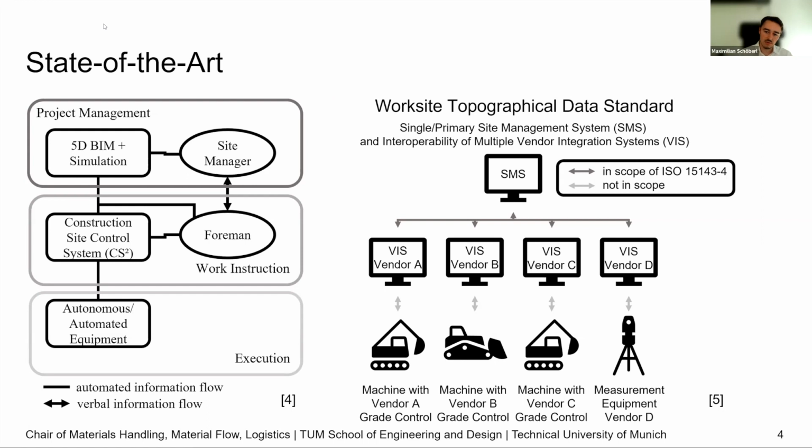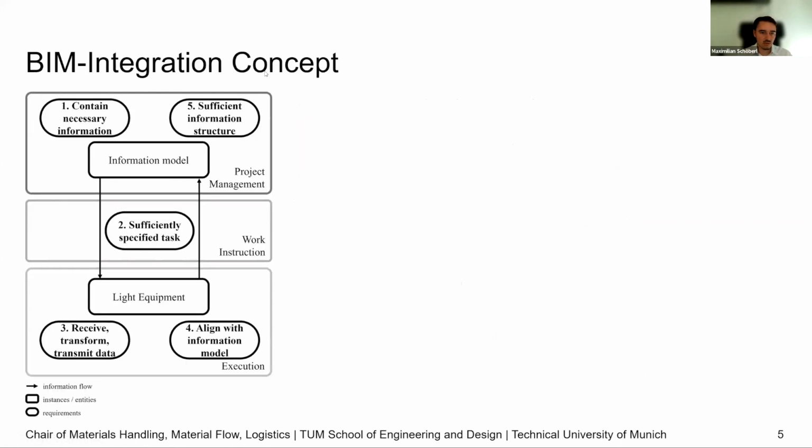It also has this three-level structure, and as the title says, it specifies the topographic data exchange between different machine control systems or grade control systems, however you want to call it, and a central instance, a site management system.